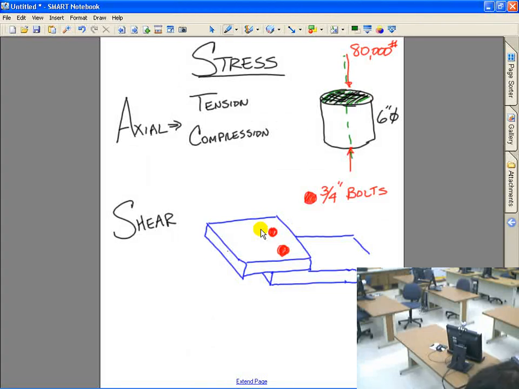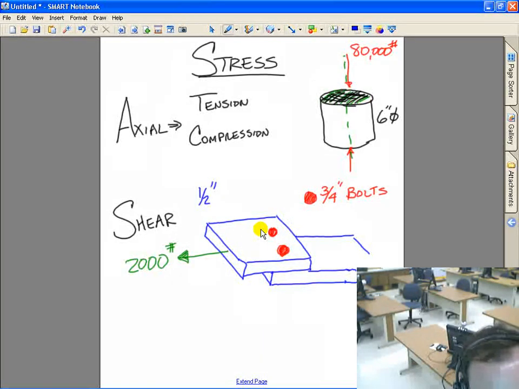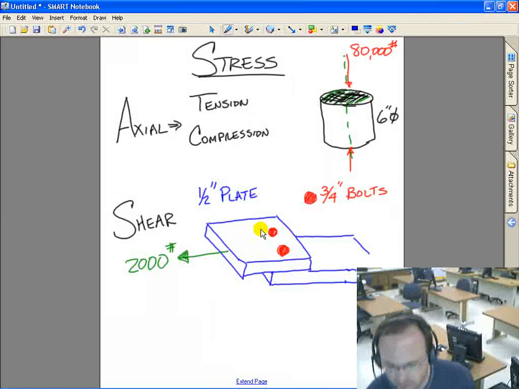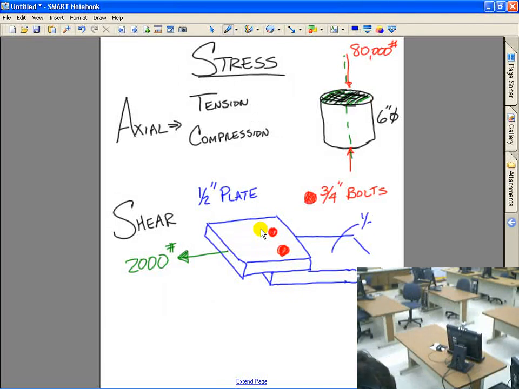I'm going to put an axial force in tension on this, say 2,000 pounds. This is a 1/2 inch thick plate, and this is a 1/2 inch thick plate.